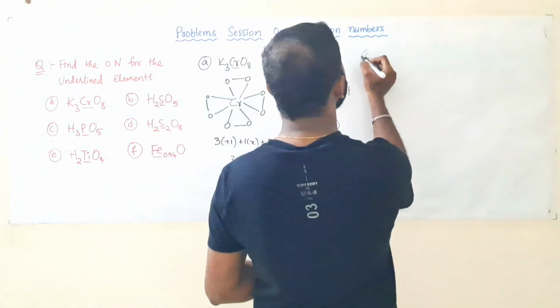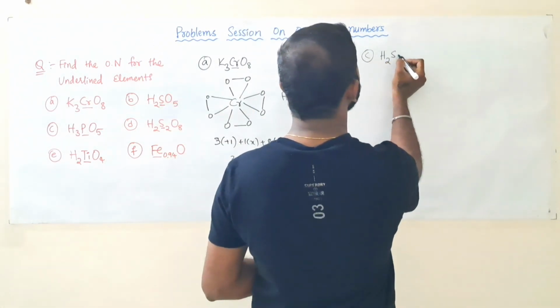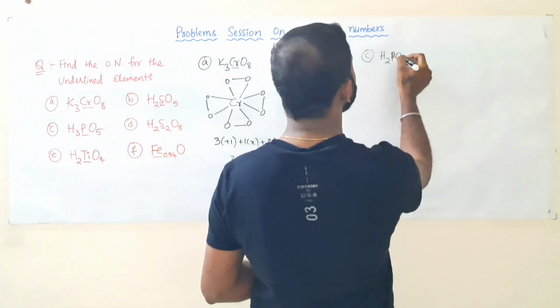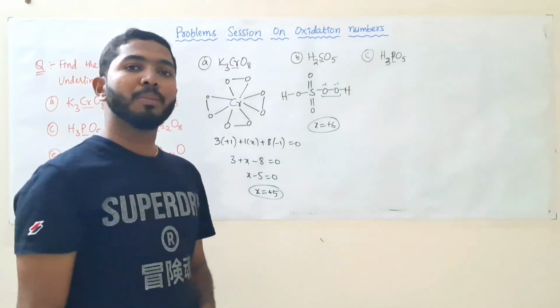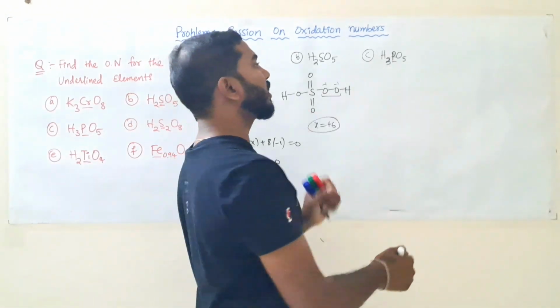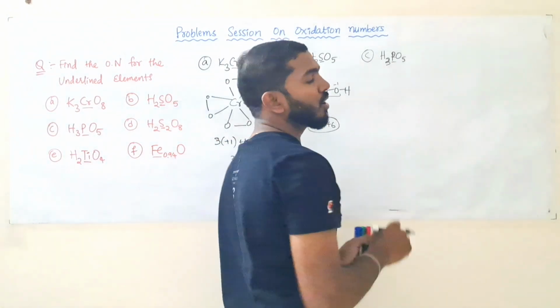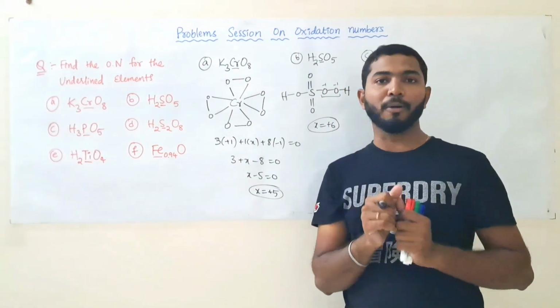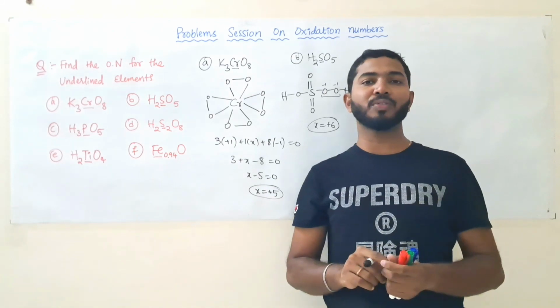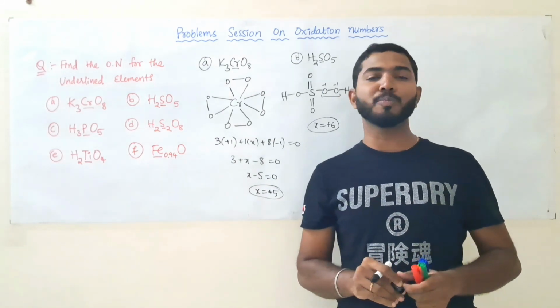And then moving to the third one, that is H3PO5, which is called peroxymonophosphoric acid. Again, if you calculate the oxidation number of phosphorus, it is going to give us plus 7, which is not possible because the phosphorus group number is 5A. The maximum oxidation number is plus 5.